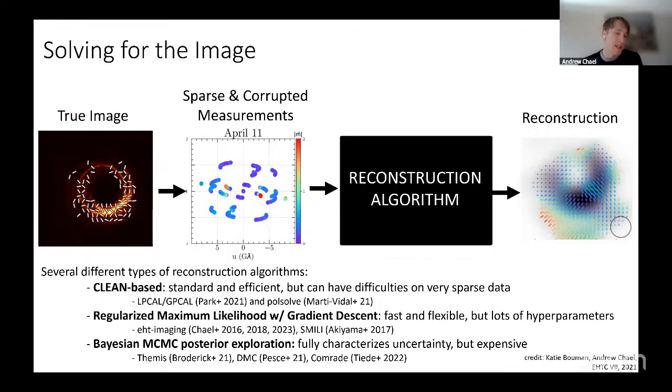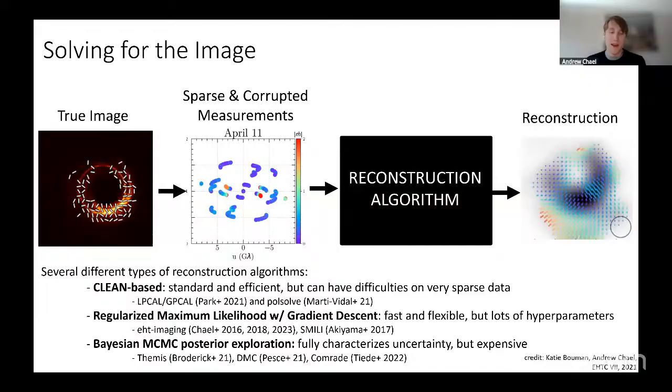And then more recently, in the last few years, people have taken the next step beyond that and are now developing more and more Bayesian MCMC approaches, which fit thousands of parameters simultaneously along with their full uncertainties with posterior exploration. So this goes beyond the idea of regularized maximum likelihood to begin to explore the uncertainty of these images as well as the most likely value.